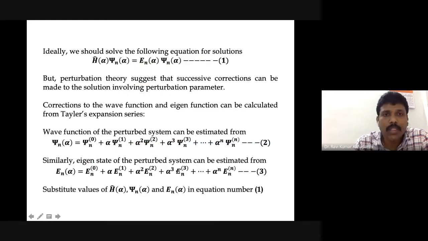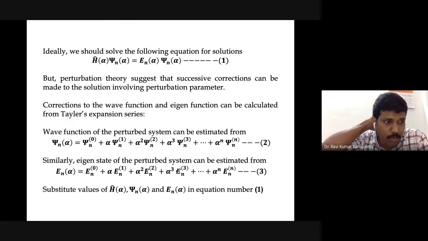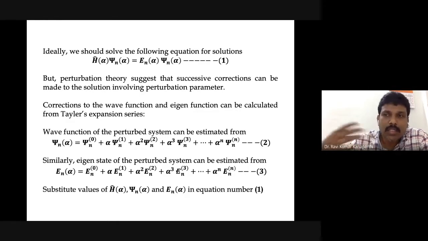Now what we can do, ideally what we should do, this perturbed Hamiltonian, that is H of alpha, when it operates upon a suitable wave function, you can take that psi n of alpha. Okay, since the system has undergone perturbation, its wave function, corresponding eigenstates, the energy states, everything is going to change.